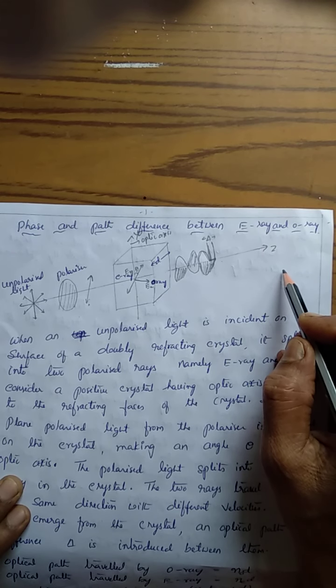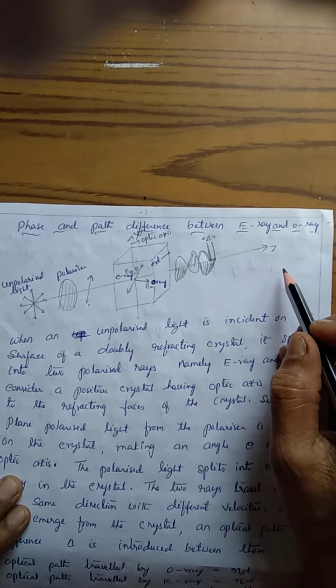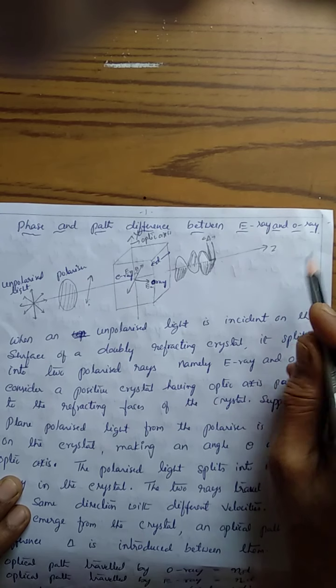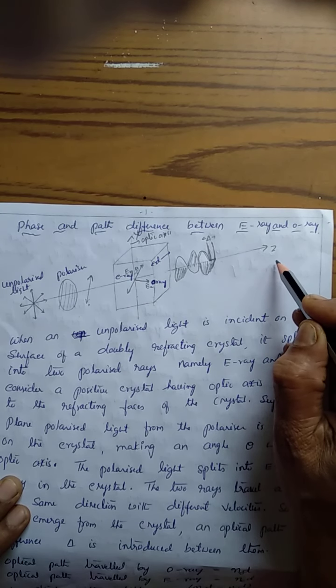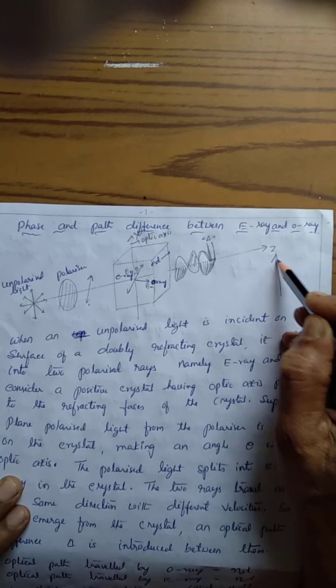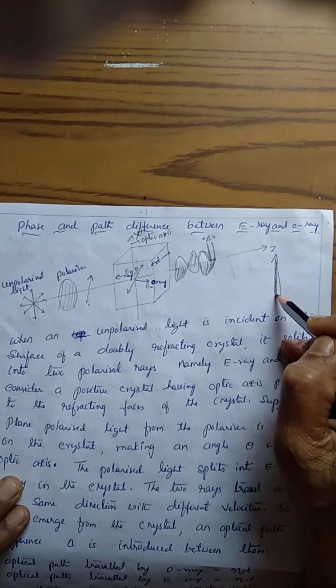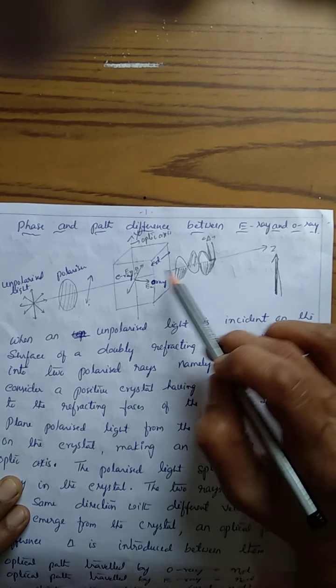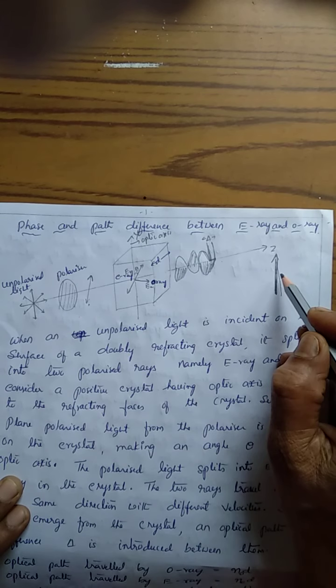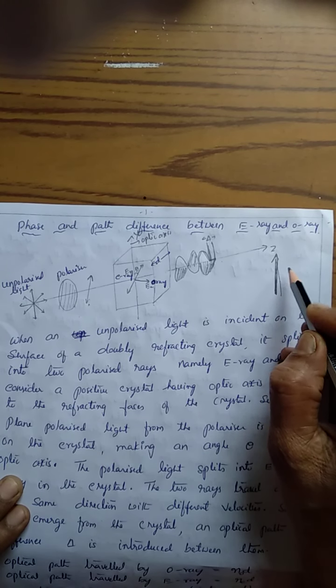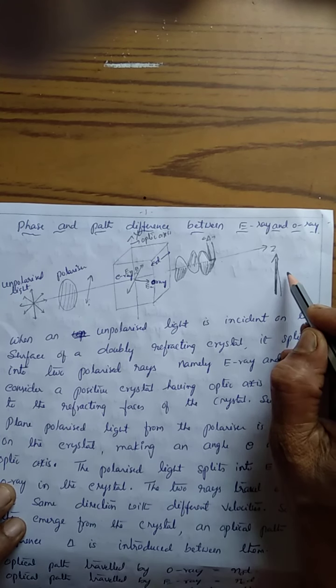In a positive crystal, birefringence is positive. That means Ne is greater than No. See here, this is the optic axis which is parallel to the refracting faces. Now we represent the two rays, E ray and O ray, by their wavefronts.